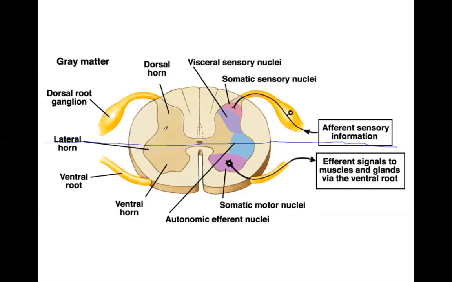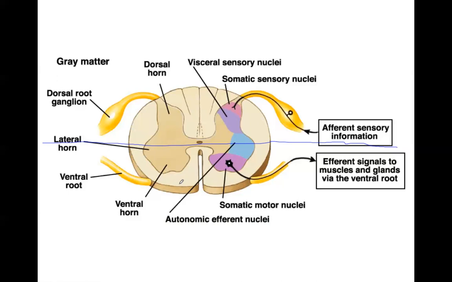So the dorsal horn, this gray matter, is responsible for the cell bodies that are sending sensory information. And the white matter is going to be axons that are sending sensory information. On the ventral side, the gray matter is going to be the cell bodies of motor neurons, and the white matter is going to be the axons of motor neurons.